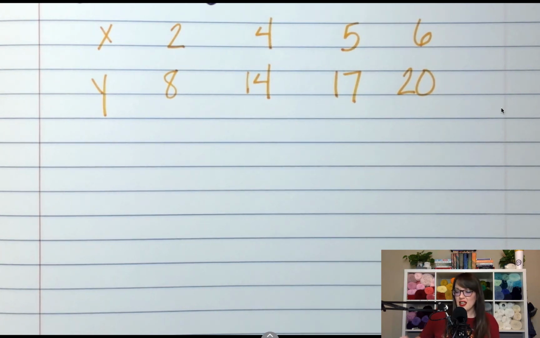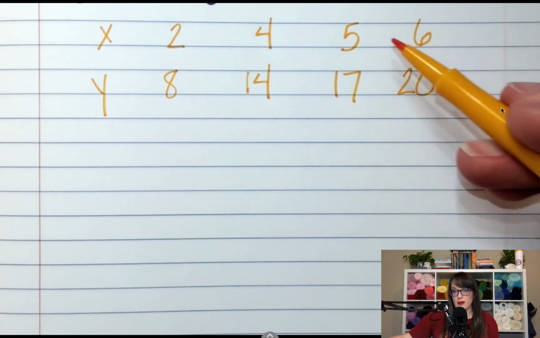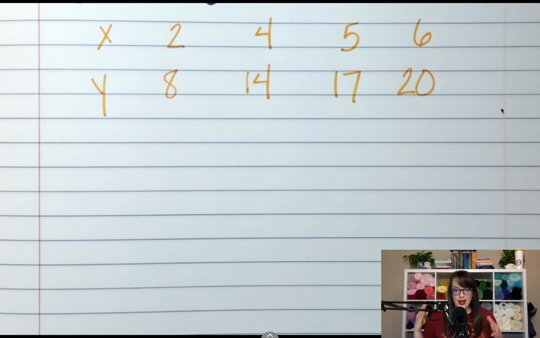This is not like constant rate of change. This is not like when we had unit rates and we were just multiplying. Now we have to come into an idea that this is going to be 2 steps. I'm going to have to multiply and add something. And to figure that out, we calculate the slope.